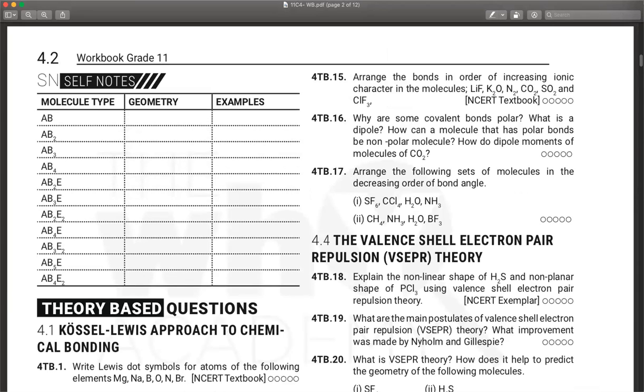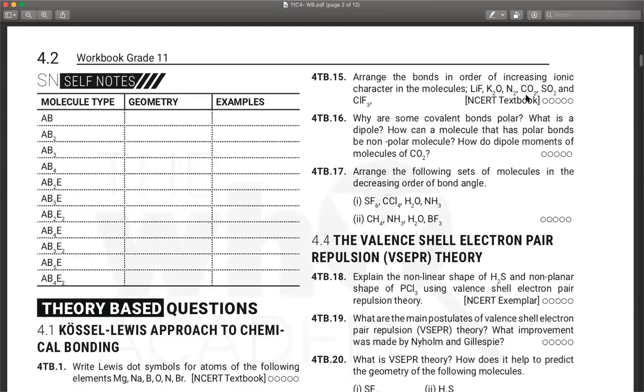Arrange the bonds in order of increasing ionic character in the molecules. So you've got LiF, K2O, N2, CO2, SO2 and ClF3.